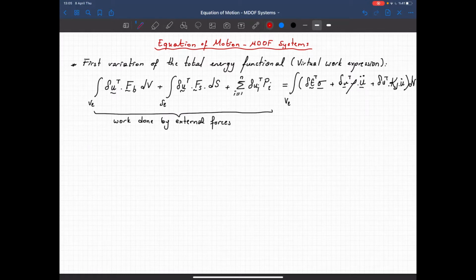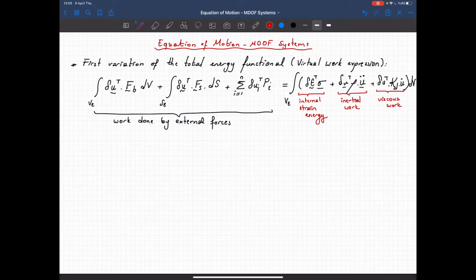So this part is the one that we discussed previously. That's the internal strain energy. So this part is the work done by the inertial forces. And this one is the work done by the viscous forces.